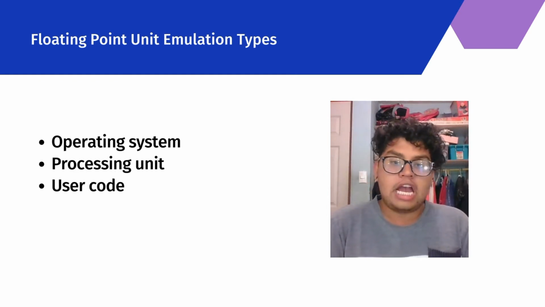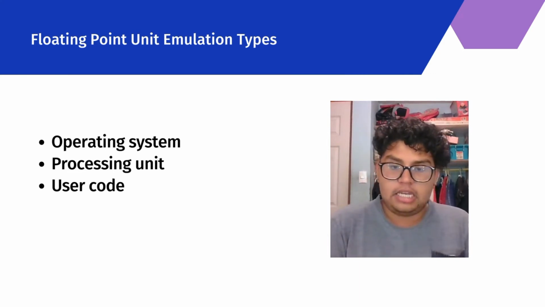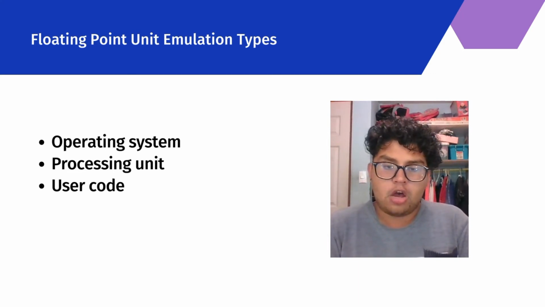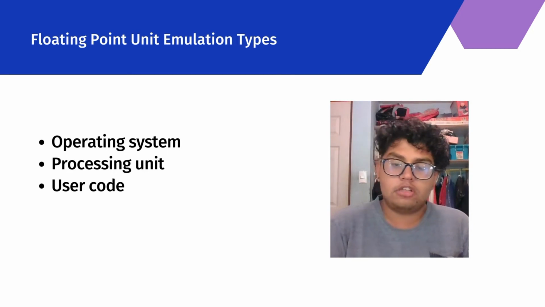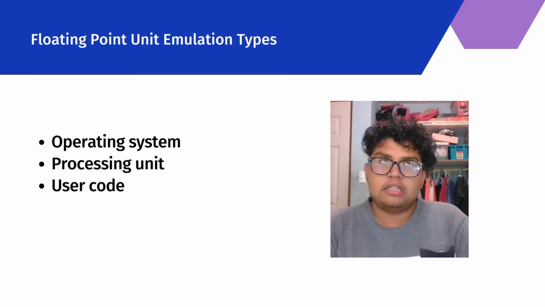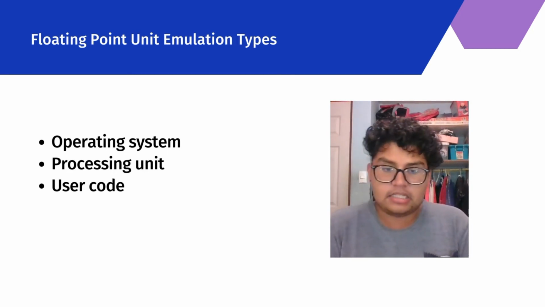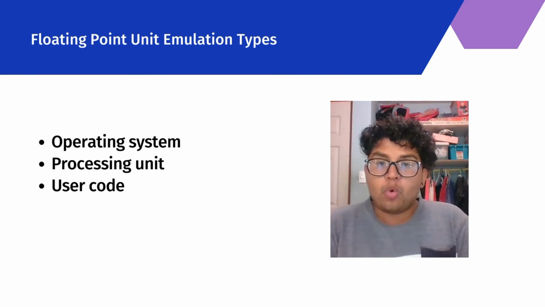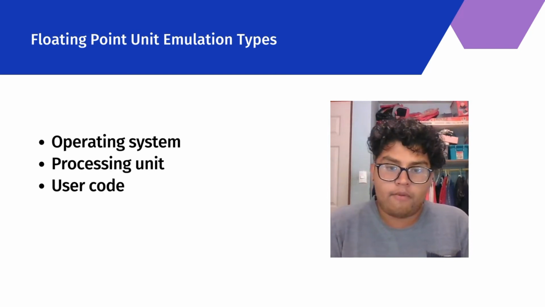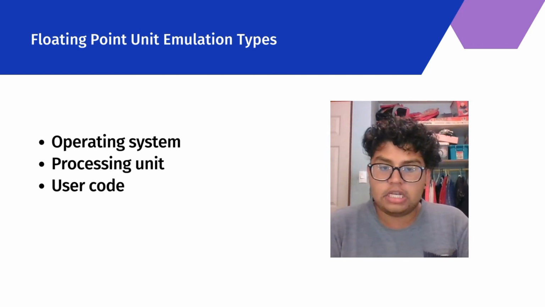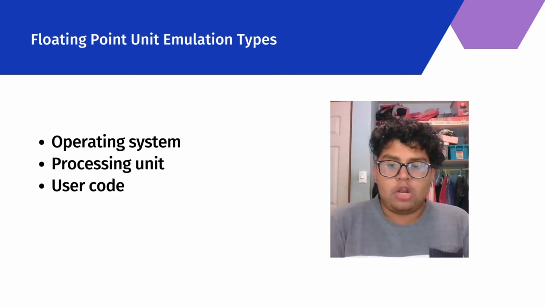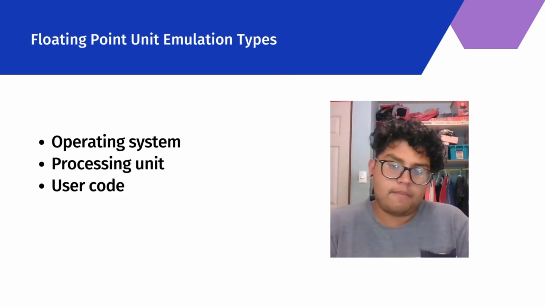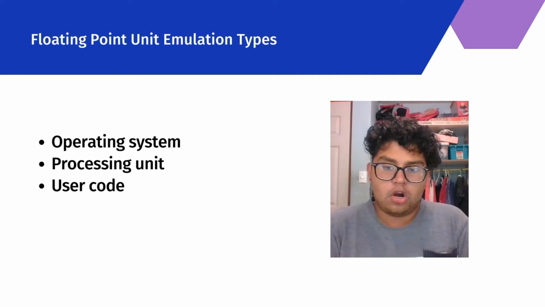In such a case, the central processing unit performs all the functions of a floating point unit, but it is less efficient than a dedicated floating point unit, as this would take valuable central processing unit time that would have been used to process other things. Emulation can also be done by the operating system or by software.